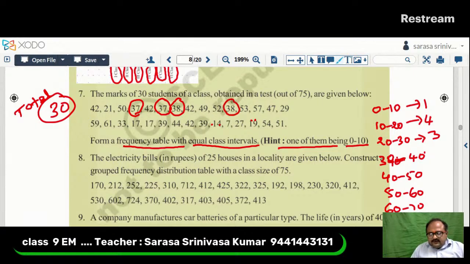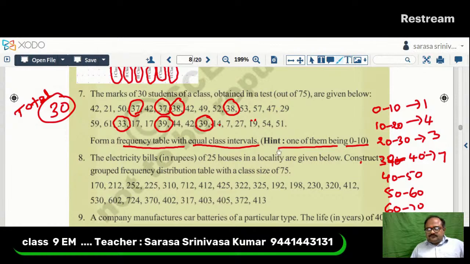Again here 38. 33 marks, 39 marks, 39 marks. So how many students got marks from 30 to 40? Here total 7 students are observed. So the frequency of this class interval is 7.